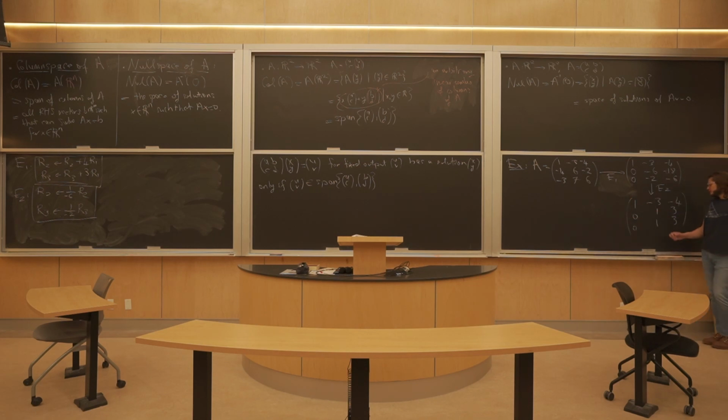And then what I can do is I can take, for instance, the second row, subtract it from the third row, and let me actually finish this and get the reduced echelon form. Again, I can take the second row, add 3 times it to the first row to get rid of this as well, so that we have the reduced echelon form.